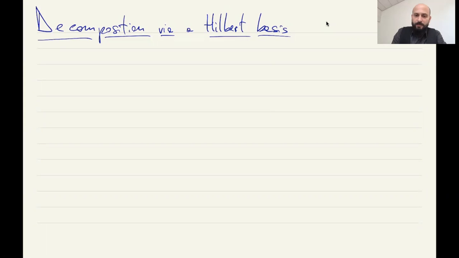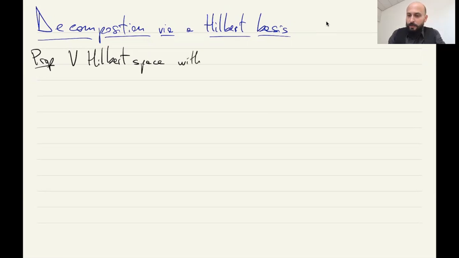So here's the proposition that I'm going to prove. Suppose we have a Hilbert space with Hilbert basis e_n. This is a separable Hilbert space, so it admits a Hilbert space basis, and we fix one.